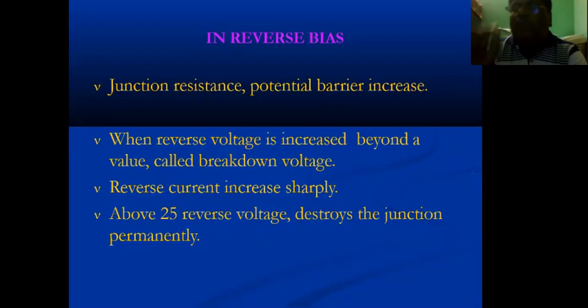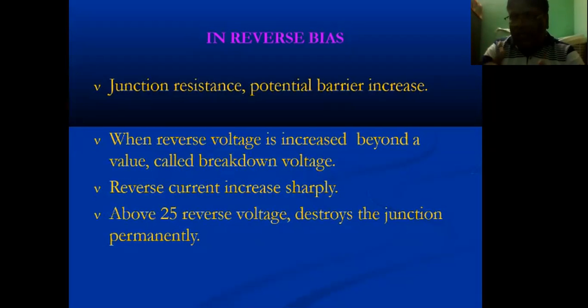That is called the breakdown voltage. Breakdown voltage means a high voltage. At 1 volt, no current; 2, 3, 4, 5, 10 volts, no current. After 10 volts, that means 12 or 13 or 14 volts, at a certain voltage the current will increase suddenly. That voltage is called the breakdown voltage.